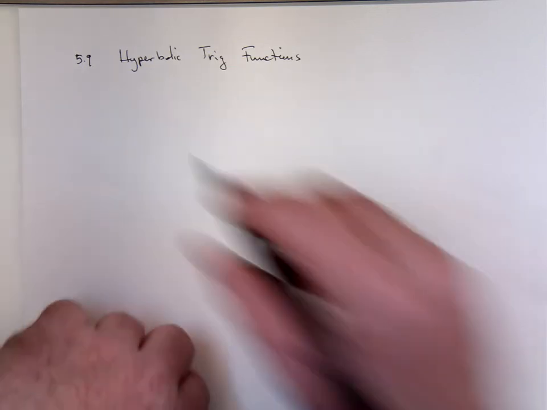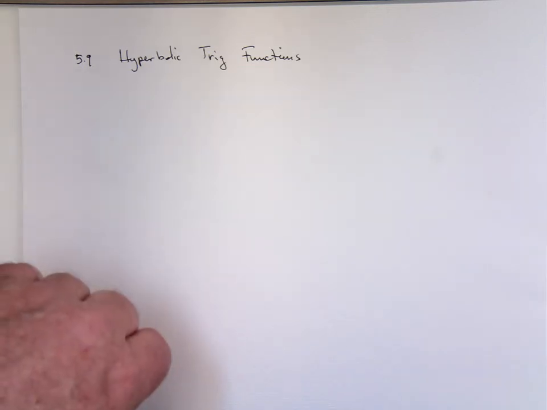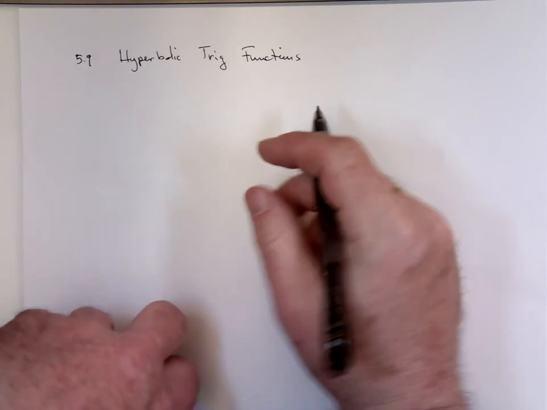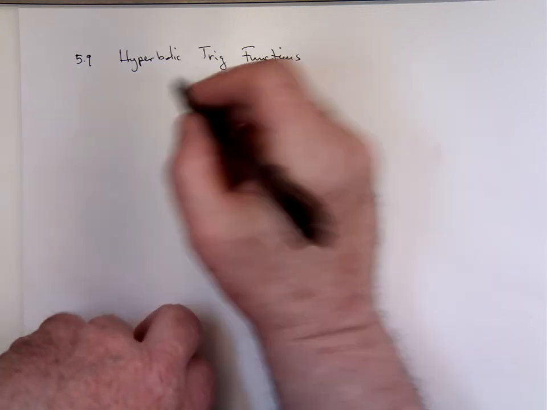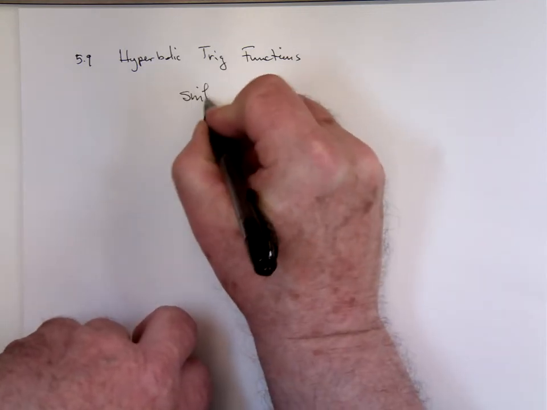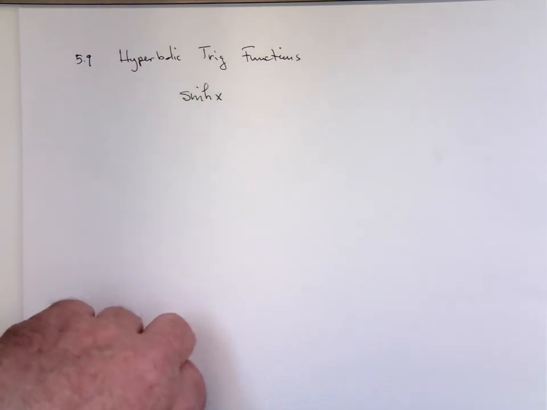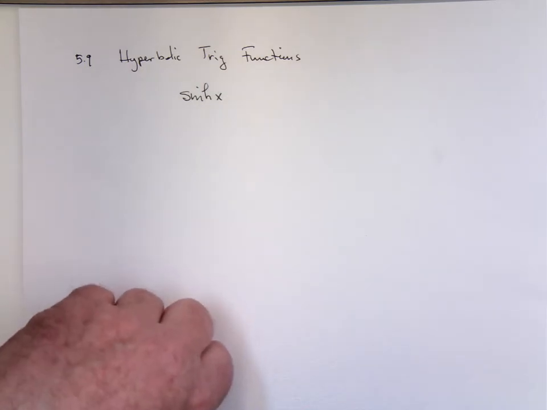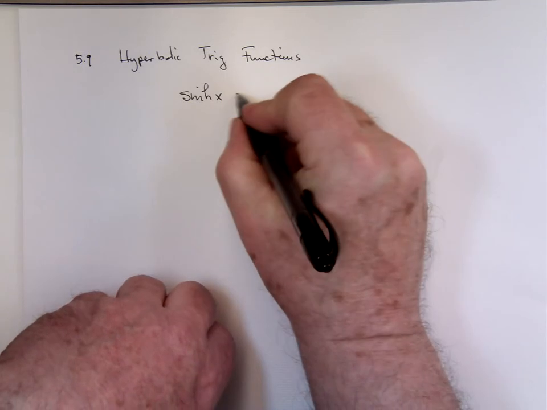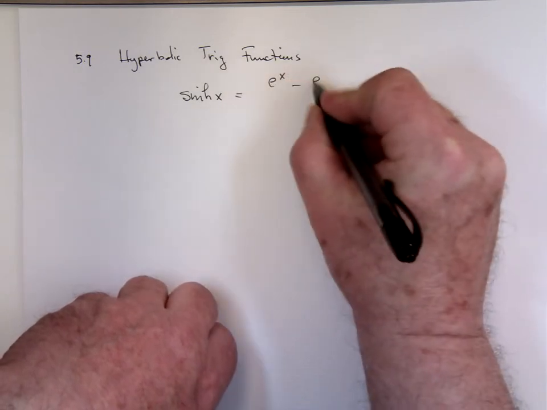There are two that we are concerned about, and that is sinh x, which is how it's pronounced. It's the hyperbolic sine of x. It's equal to e to the x minus e to the opposite of x, all over 2.